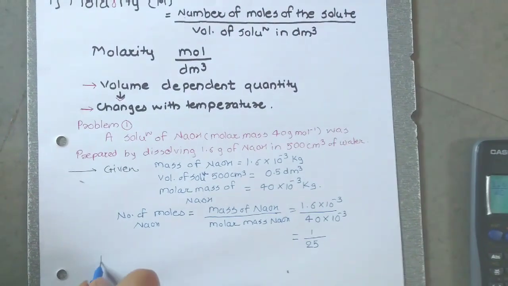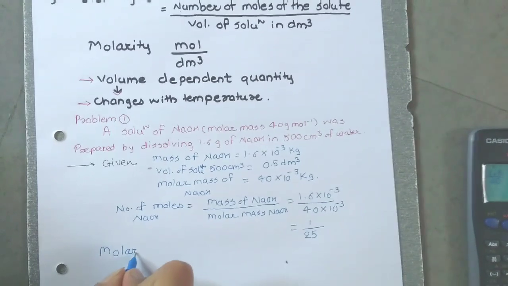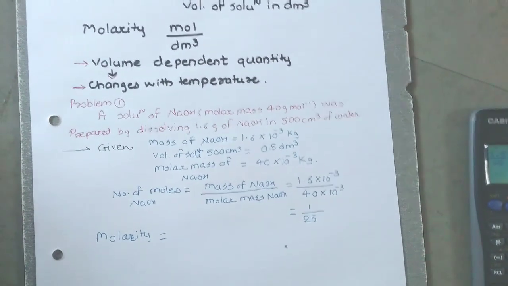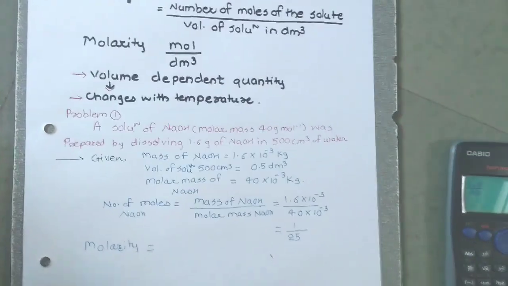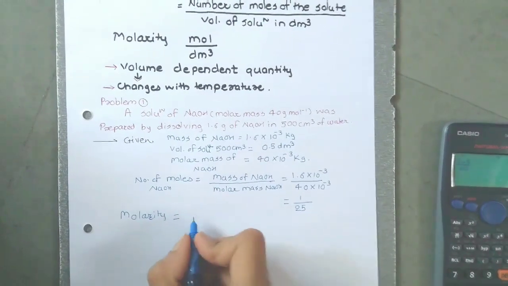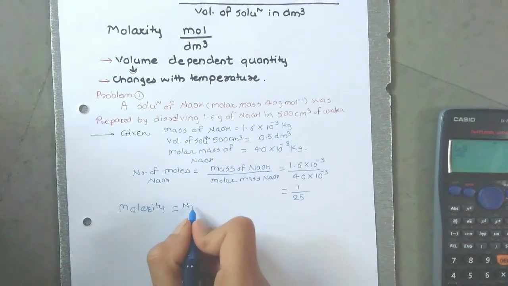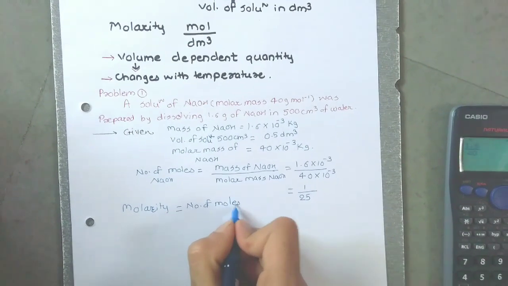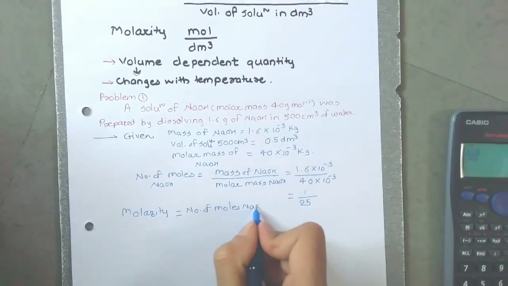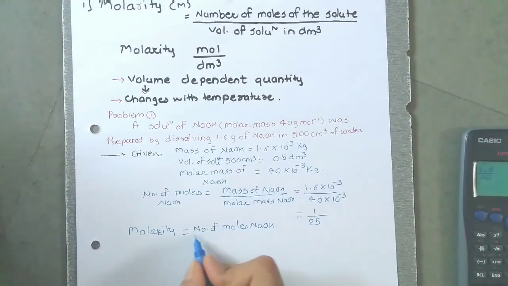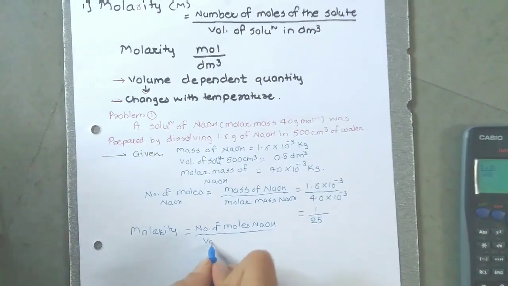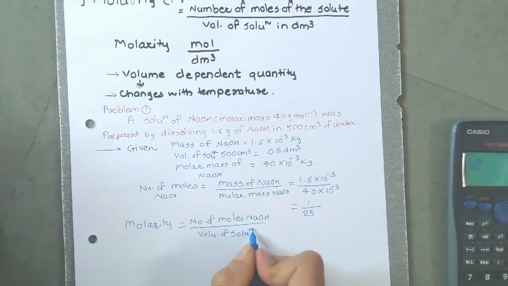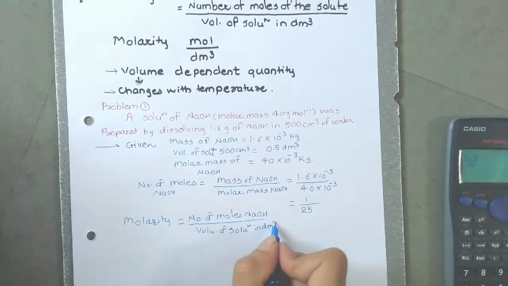So molarity is equal to number of moles of solute, here NaOH, divided by volume of solution in dm cube.